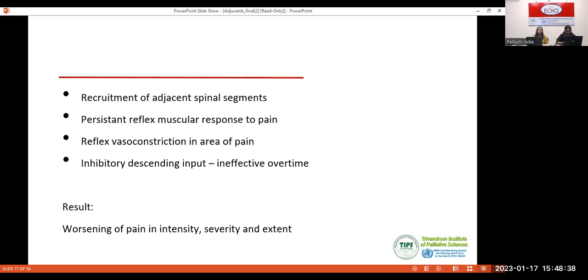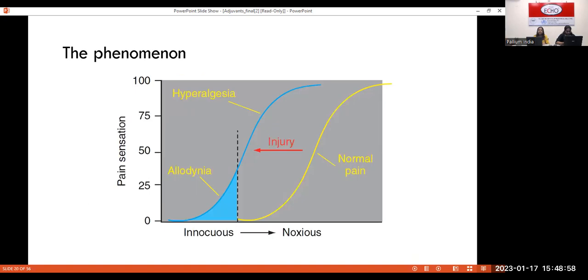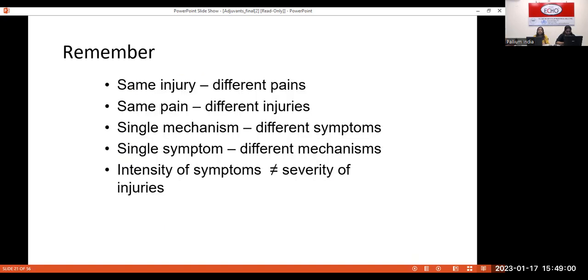And the patient will tell you, I have head to toe pain. So if you don't treat the pain in the beginning, there will be worsening in the intensity, severity, and extent. I quickly went through this because I'm sure you might have heard it already, but just remember all these points. You have to treat pain very, very early.